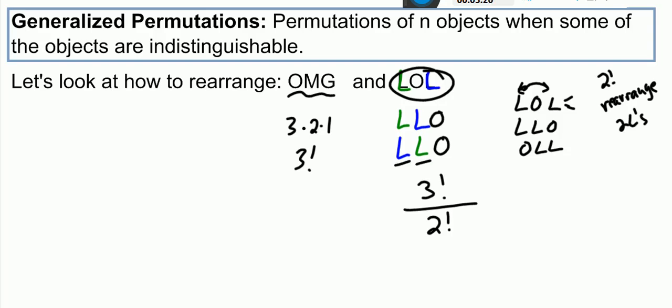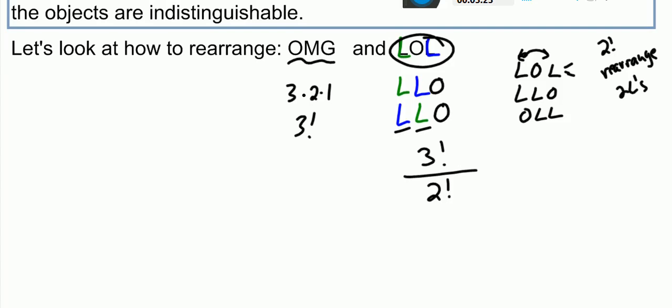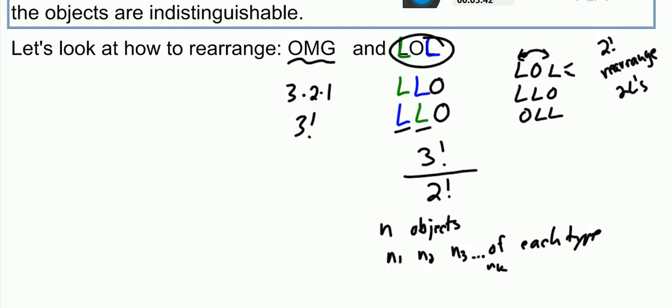The general pattern for this is if you had n different characters or objects, and you had n sub 1, n sub 2, n sub 3 of each type, and this would go on to n sub k, then the formula becomes n factorial over n1 factorial, n2 factorial, all the way up to n sub k factorial.